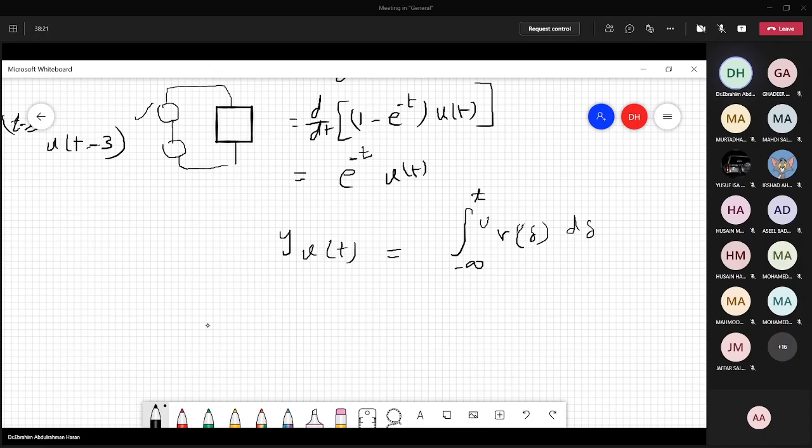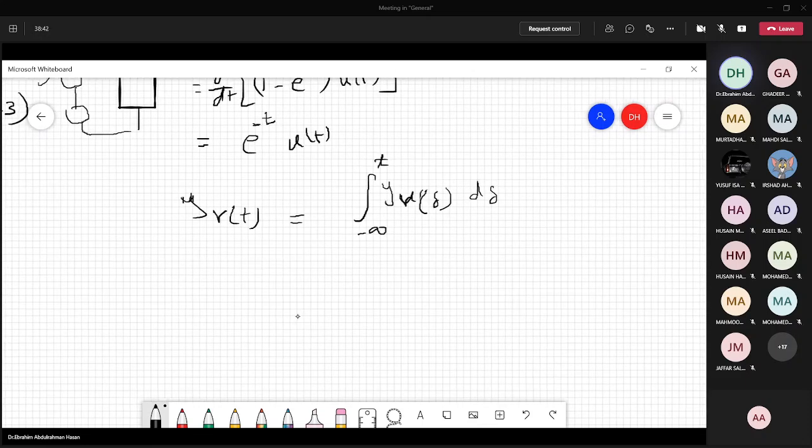Sorry, opposite. Ramp of t is the integration of u of t. So then y_r of t is equal to the integral of y_u of t dt. What is y_u here? It is the integration from minus infinity to t of 1 minus e to the power of minus t, u of t, dt.